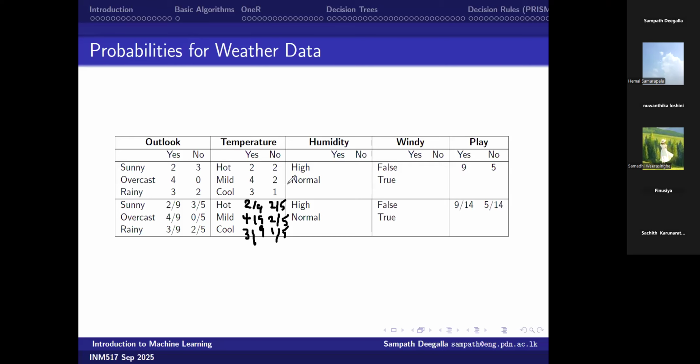Right. Now a small exercise for you. Fill the table for humidity. So this will be 4. Altogether we have 7, 3 and 4.